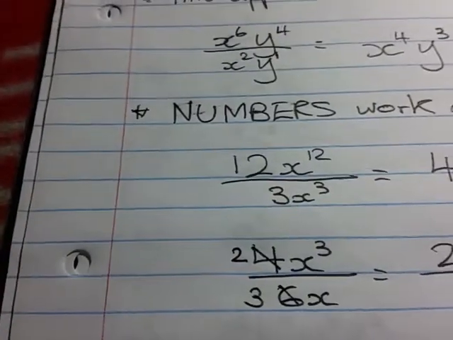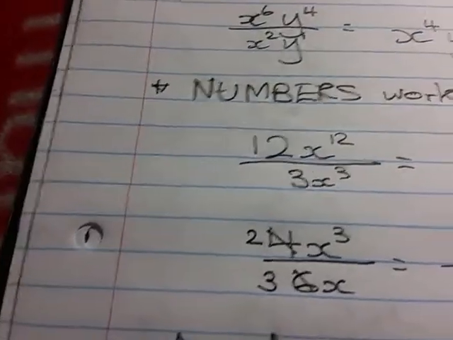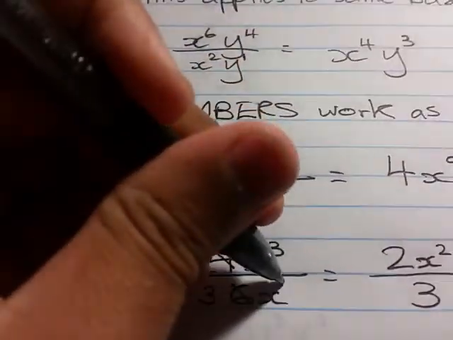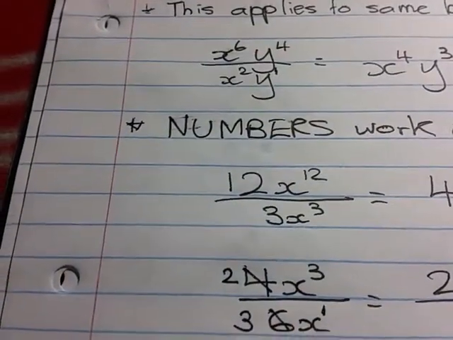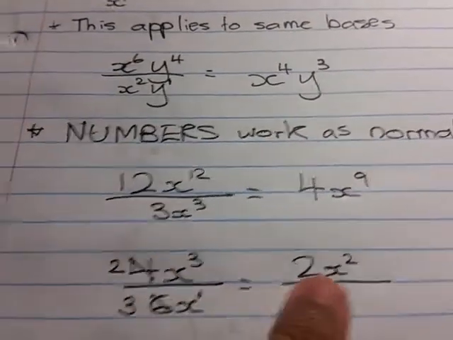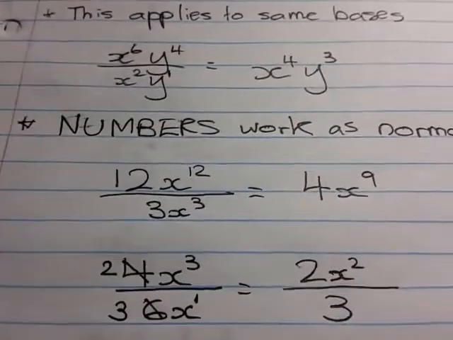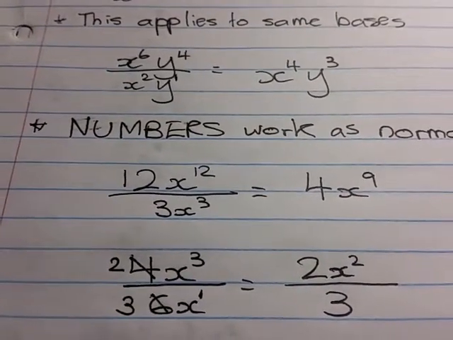So you can turn 4 over 6 into 2 over 3. And then you have just the x's to deal with. X to the 3 divided by x to the 1 gives you x to the 2, which will remain on the numerator. So your final answer will be 2x to the 2 over 3.